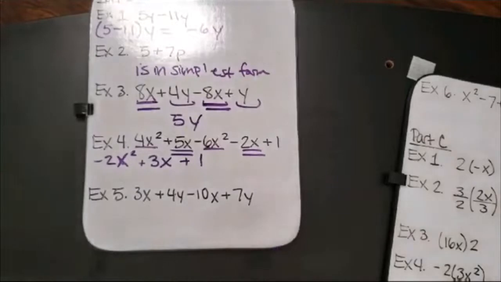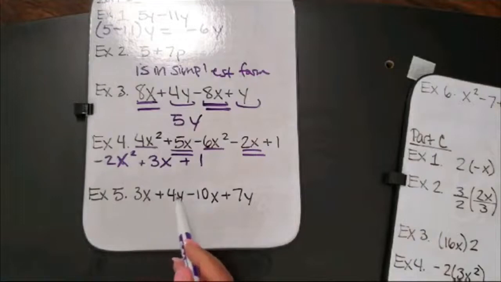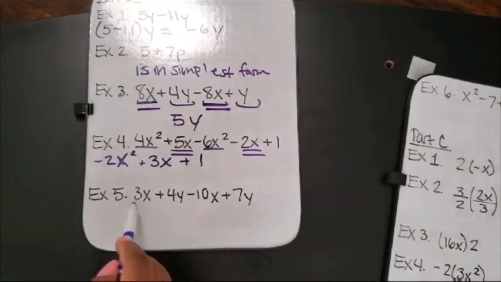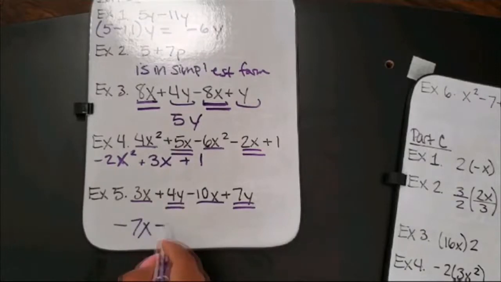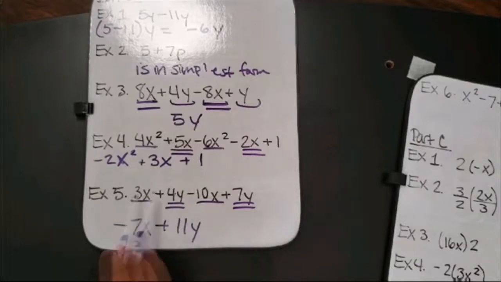So for number 5, we have a term with the x, a term with the y, a term with the x, and a term with a y. So if we combine our x's and we combine our y's, -7x plus 11y, because we did 3 minus 10, which is -7, and we did 4 plus 7, which is +11.